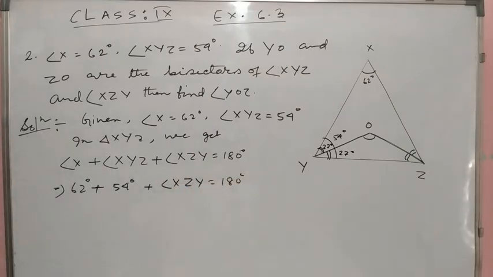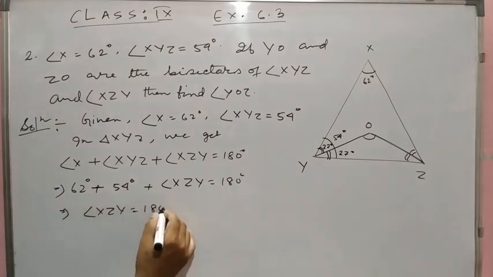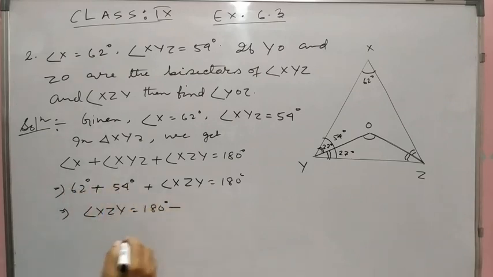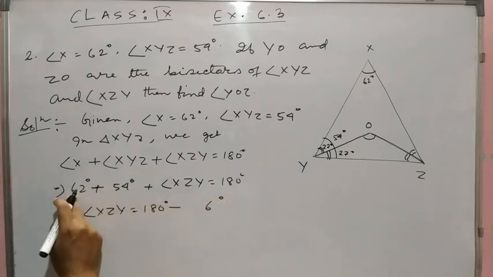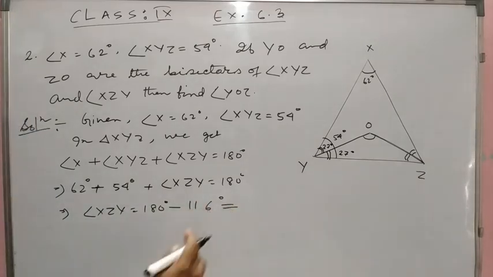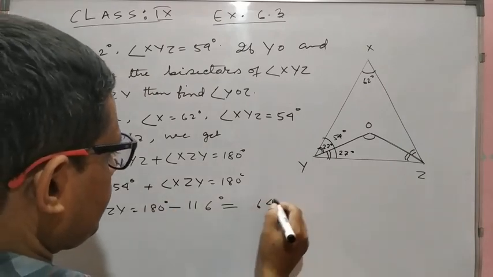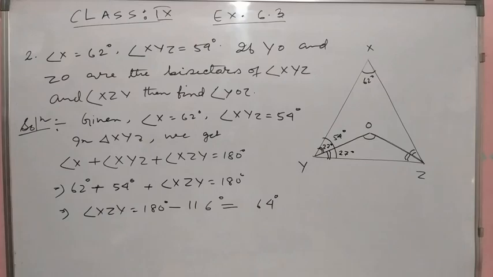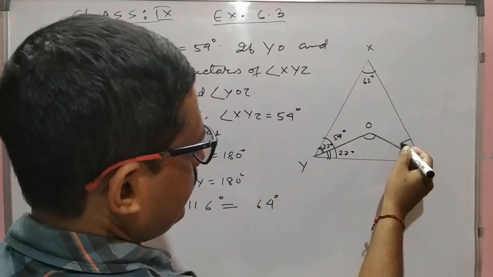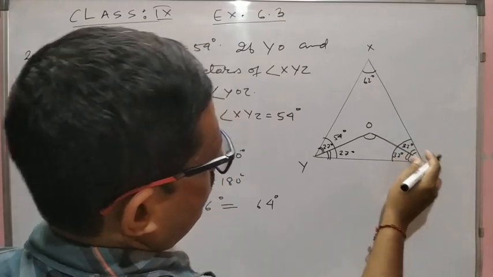So this implies that angle XZY equals 180 degrees minus 116 degrees, which is 64 degrees. So this total angle is 64 degrees, so it will be 32 and this also will be 32 because this is the bisector.